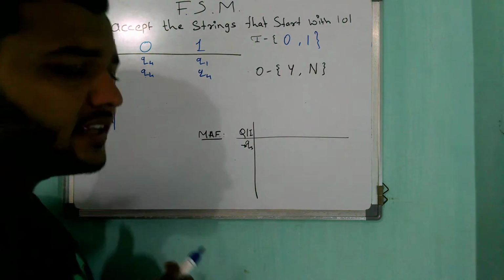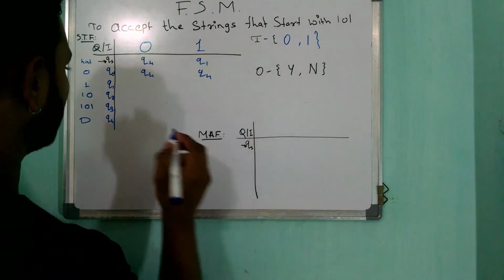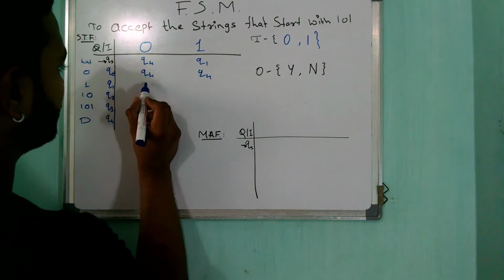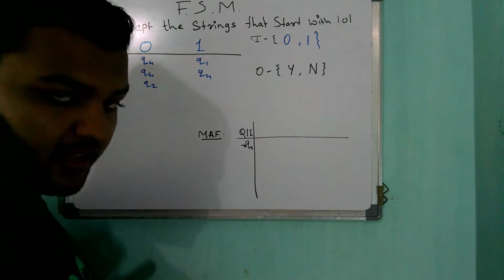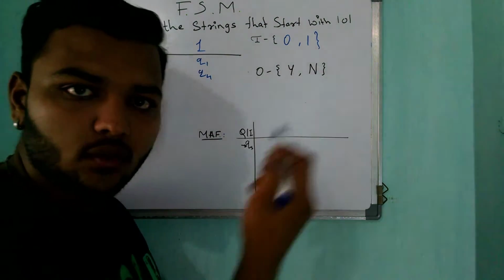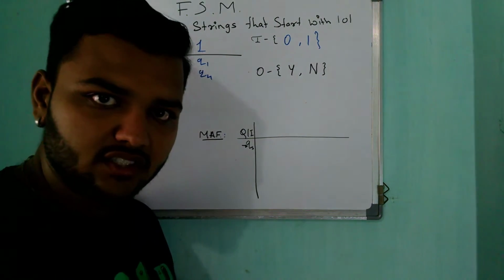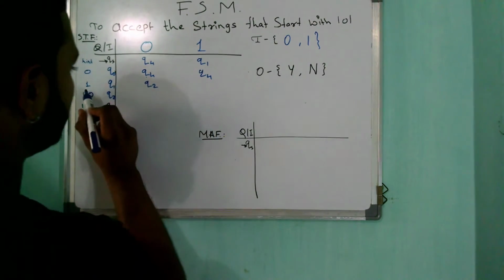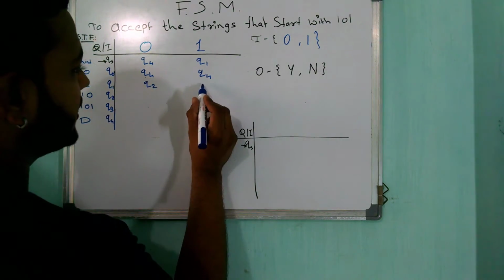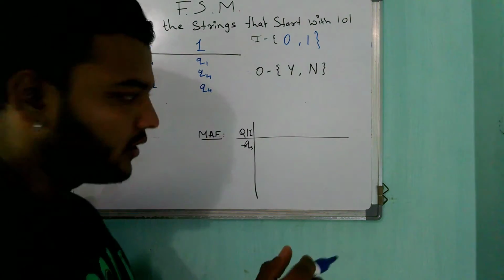Next, at the start there is 1 and then 0 comes, so we get 1, 0, which is the state Q2, and the input can get accepted. So we go to Q2. Now if at the start there is 1 and another 1 comes, it becomes 1, 1, which we don't want. We want 1 and 0 at the start, so we directly write Q4.